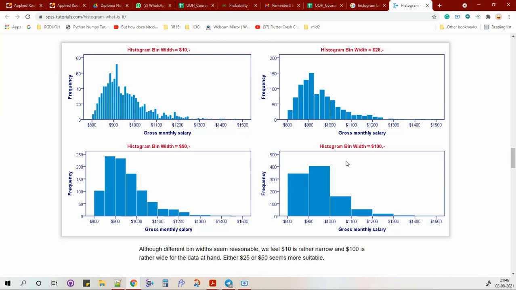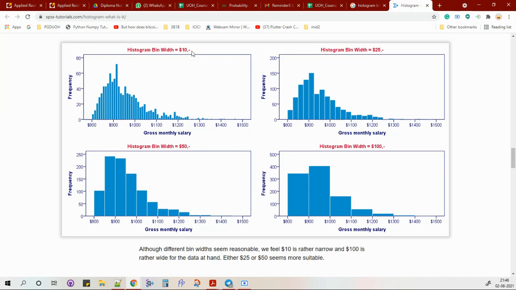Here we are not taking a sample out of the population, but you can say we are generalizing more, or going into more detail. Here I was just calculating the number of employees between 800 and 900. But if you look here, I am calculating between 800 to 810, 810 to 820, 820 to 830, and so on.